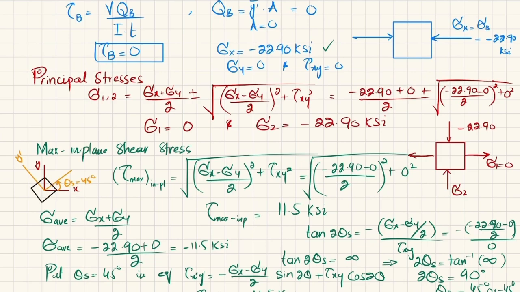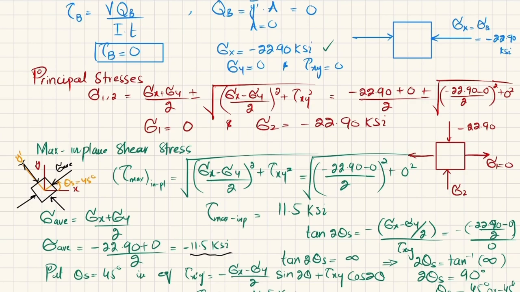So your average stress, which is σ average, is equal to this value, and your τ of x dash y dash will be 11.5, and this will be in the y dash positive direction.